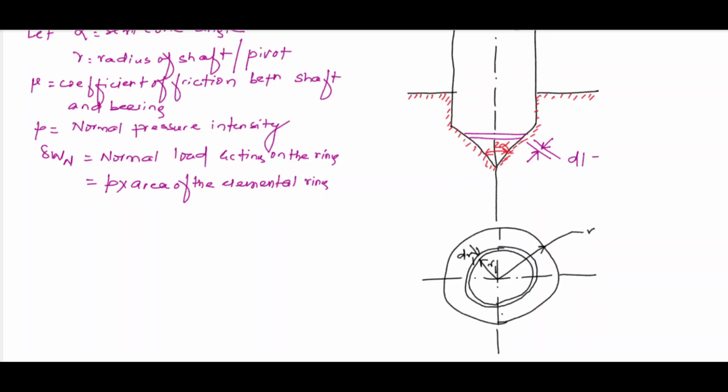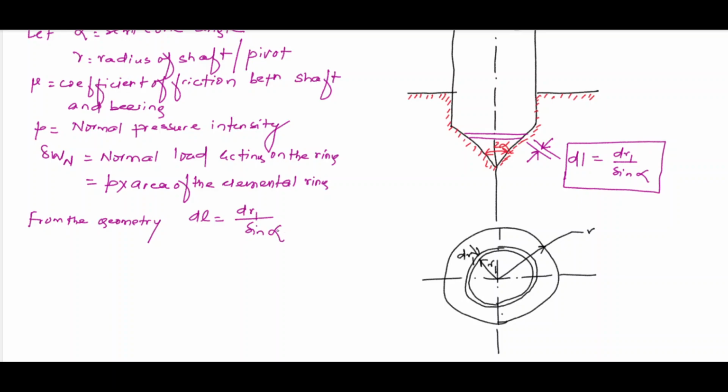Okay, so this dl is basically dr1 by sin alpha. So from the geometry of the figure, dl is equal to dr1 by sin alpha.